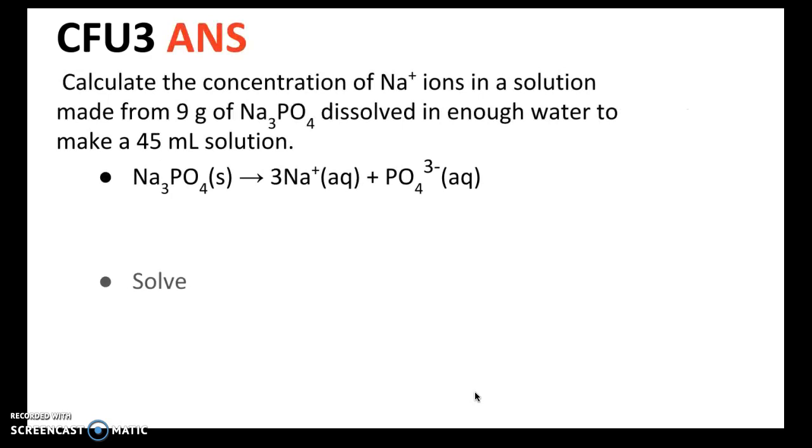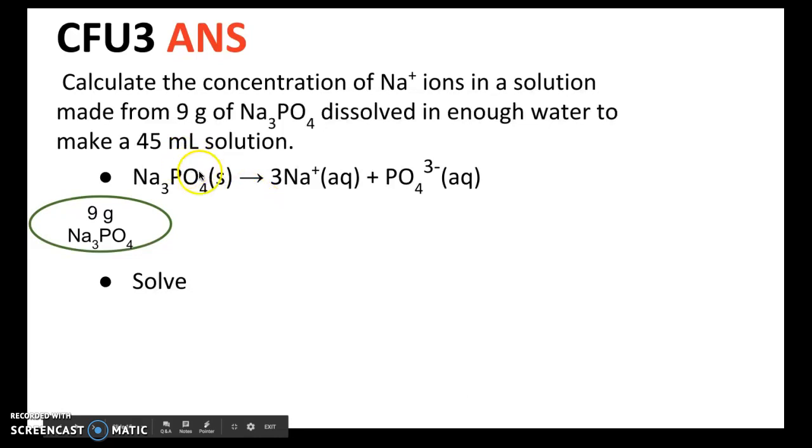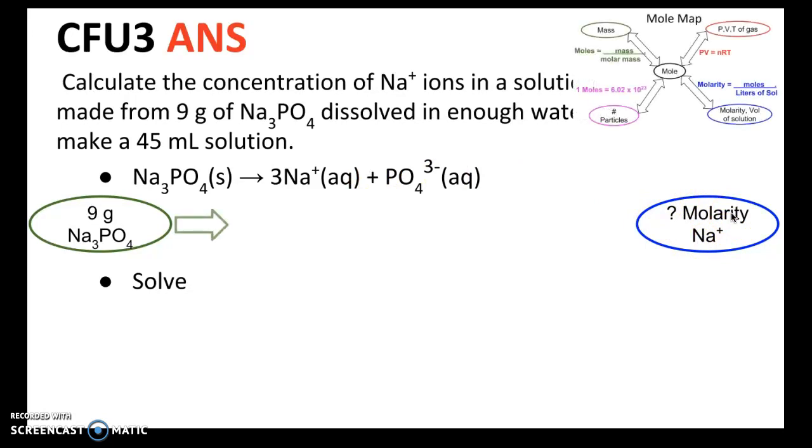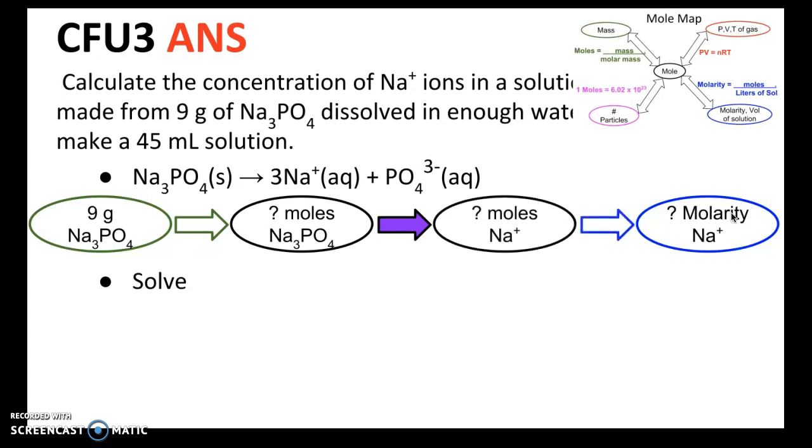All right, so here are some of the things that you should have for the CFU. That's the balanced equation for the dissolution of sodium phosphate. And you want to figure out from 9 grams of sodium phosphate, what's the molarity. So you want to go from 9 grams to moles of sodium phosphate to moles of sodium, and then to the molarity.